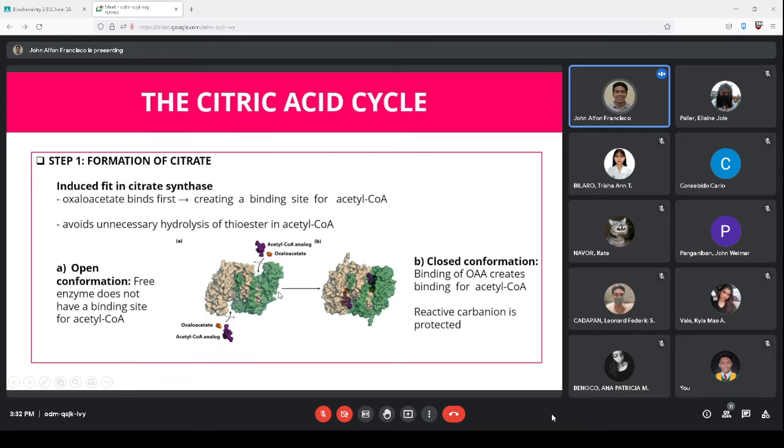So ito yung initial mo, open conformation. So yung free enzyme does not have a binding site for acetyl-CoA. So anong nangyayari, yung oxaloacetate mo and acetyl-CoA will be present dun sa active site ng enzyme. And after closing, nagkakaroon na ng binding within the oxaloacetate and the acetyl-CoA.